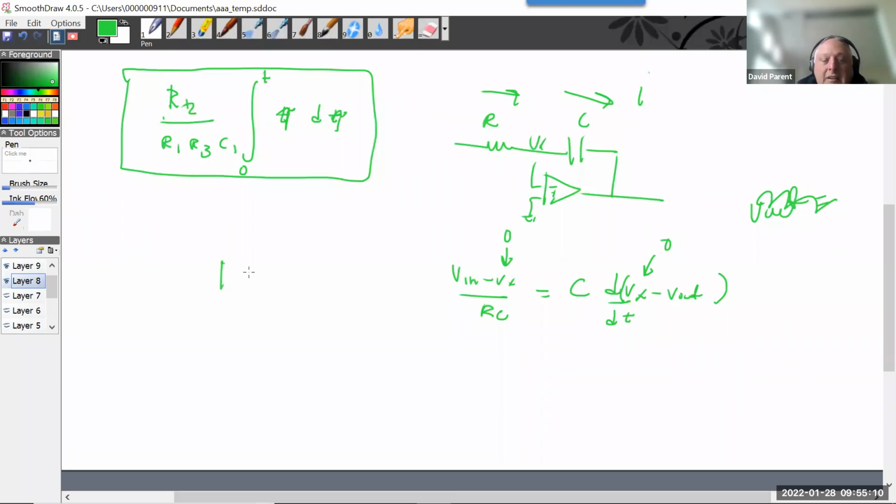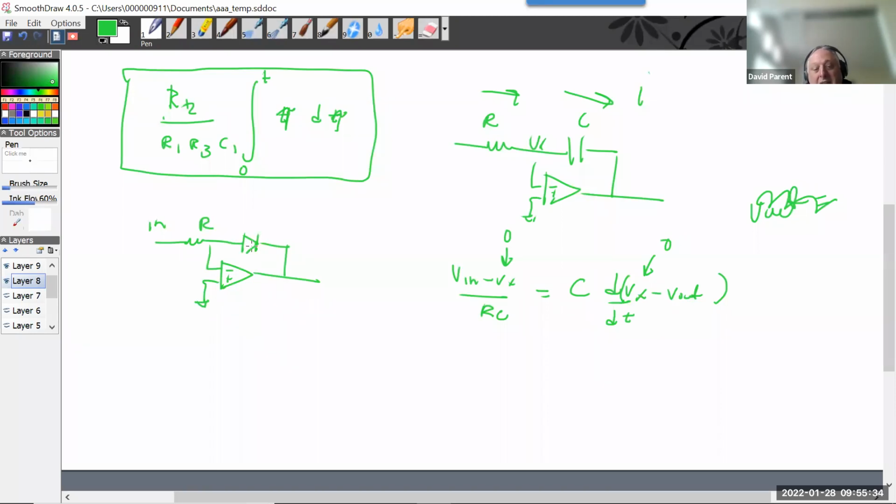There is a nonlinear function. And what happens is, well, if I don't allow things to change very much, I can kind of convert this into a resistance.